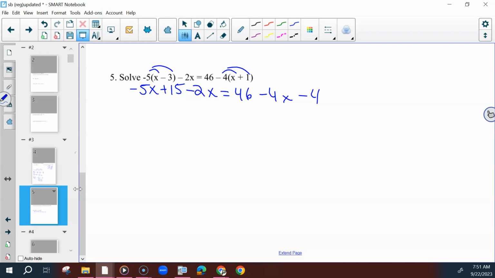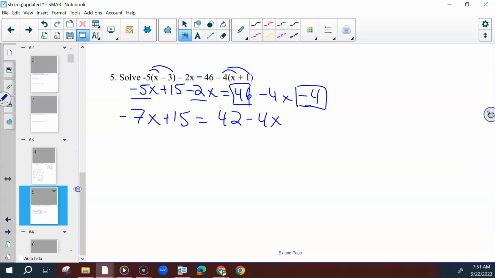So we distributed. And then combine like terms on the same side. So negative 7x plus 15 equals 42 minus 4x.